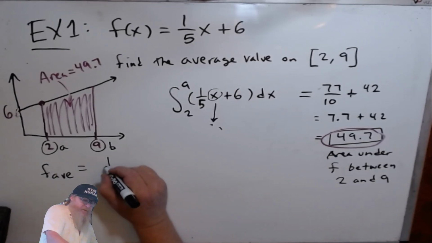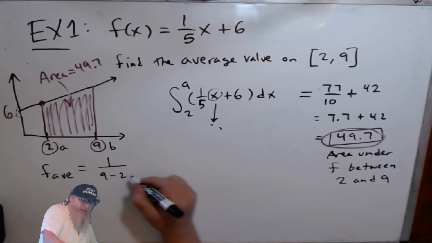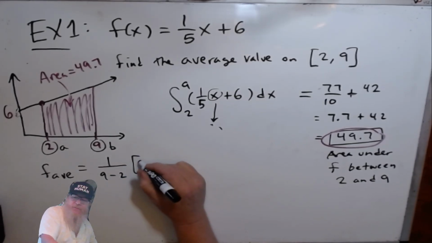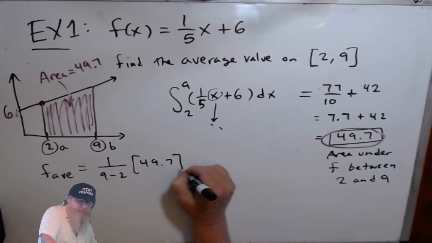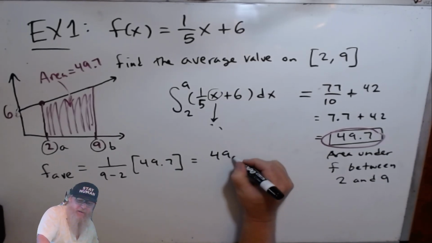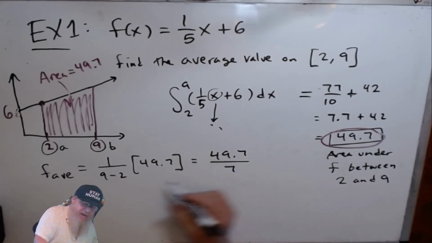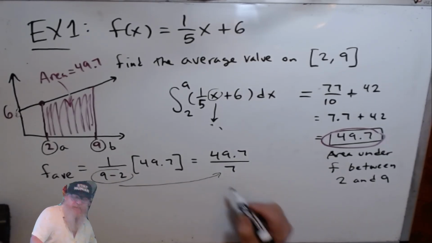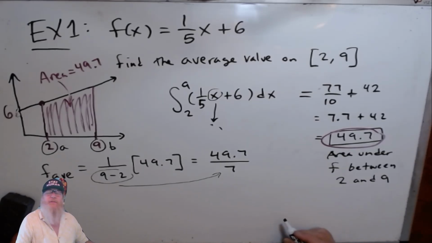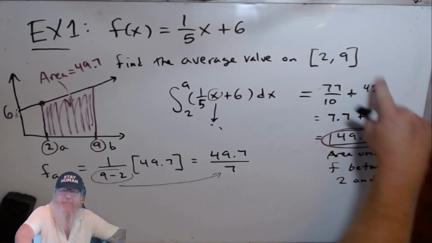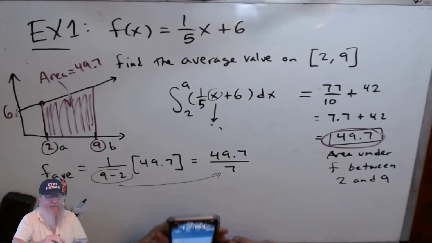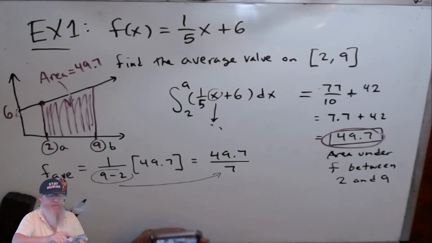So the average value is 1 over 9 minus 2 times 49.7. Or you could just say 49.7 over 7, because 9 minus 2 is 7. I was able to do all of this without busting out the calculator, but I'm going to go for it now and use the calculator.